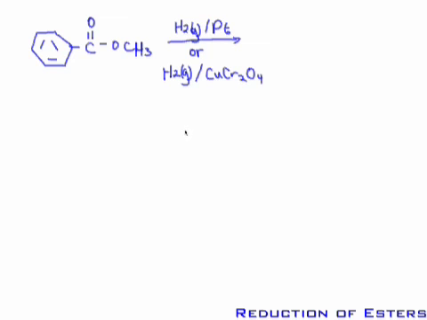If I do this reduction, the reduction process leads to elimination of the alkoxide as methanol and reduction of the carbonyl to an alcohol. So it produces two alcohols, benzyl alcohol plus methanol.